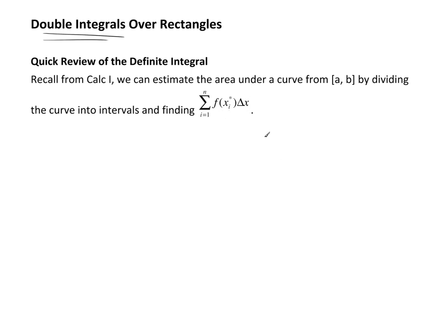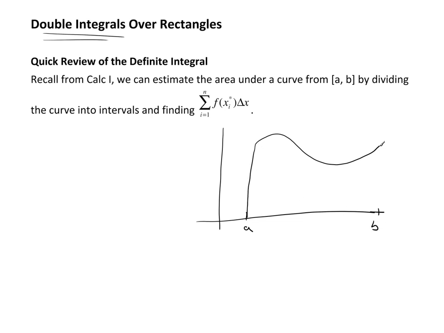Now, if we draw a quick picture of this, essentially we're talking about some curve over this region from a to b. And what we're going to do is divide this thing up into these subintervals.